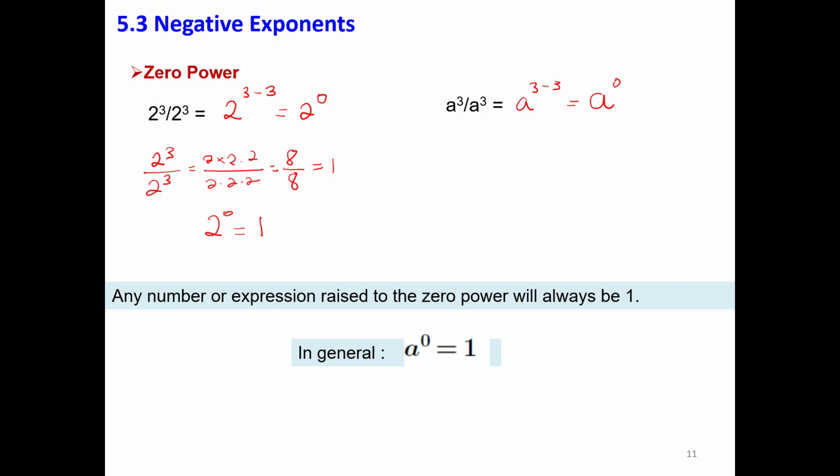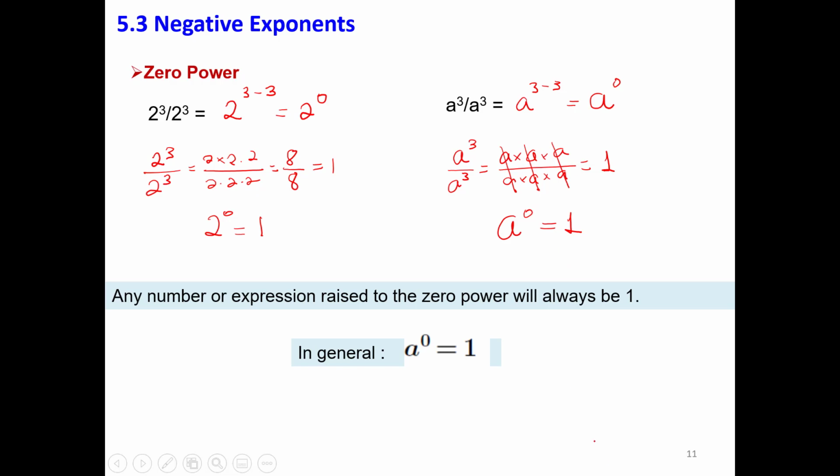Now if we solve this expression, we have a to the third divided by a to the third, which is a times a times a over a times a times a. Then a divided by a is 1, 1, 1. Finally, we have this equals 1. Then what we have is a to the 0 equals 1.